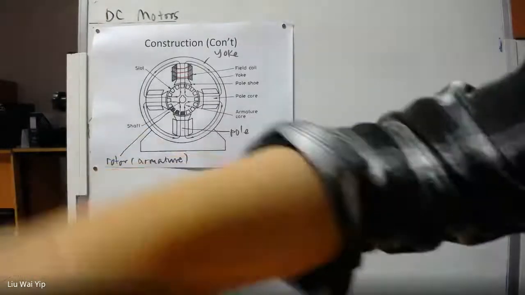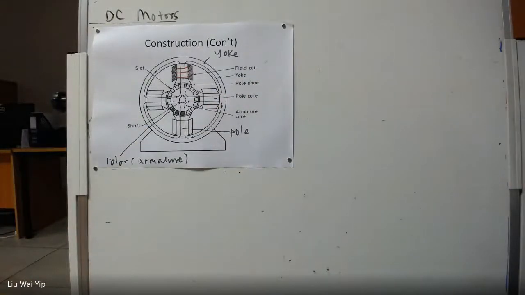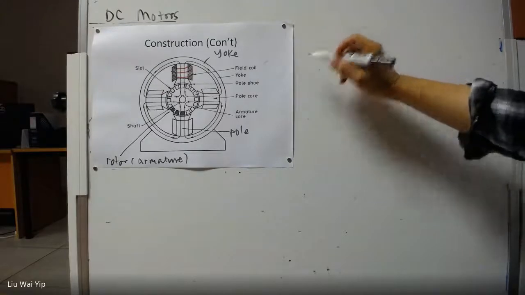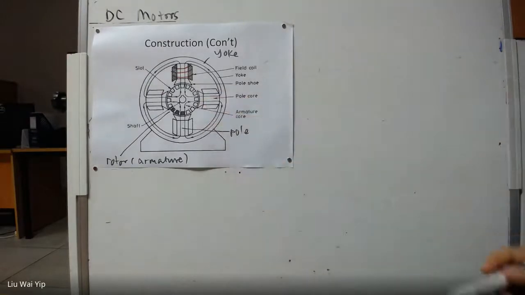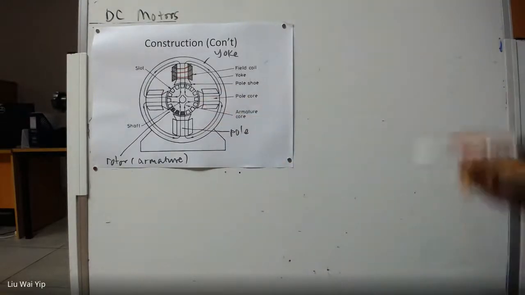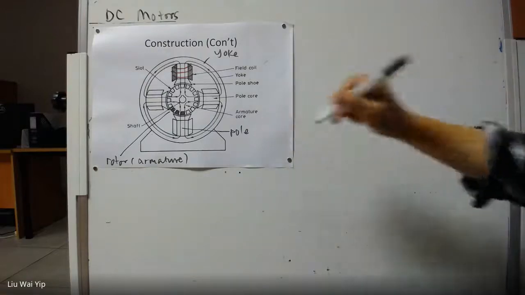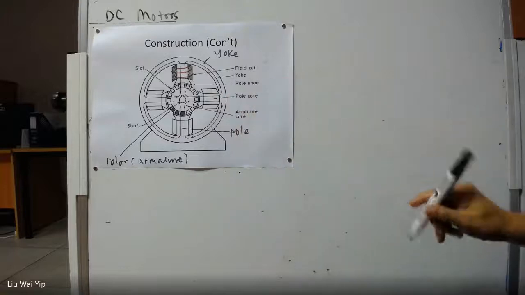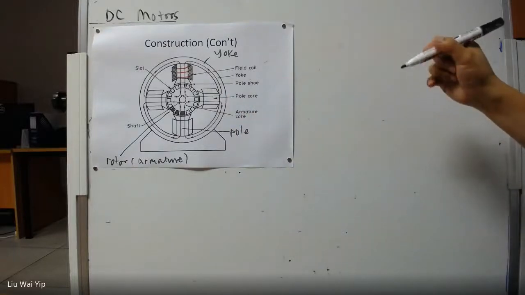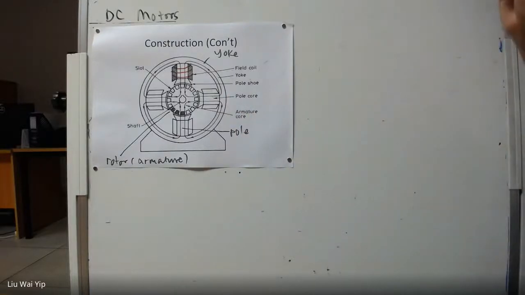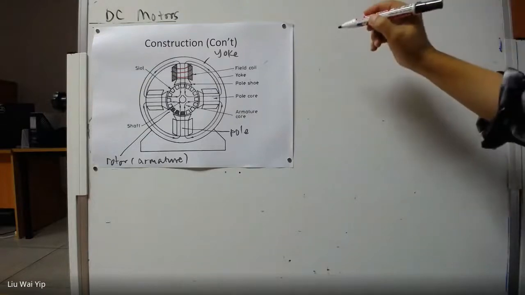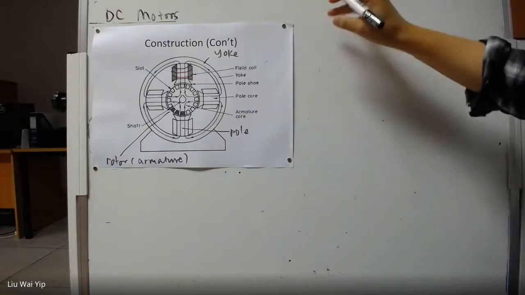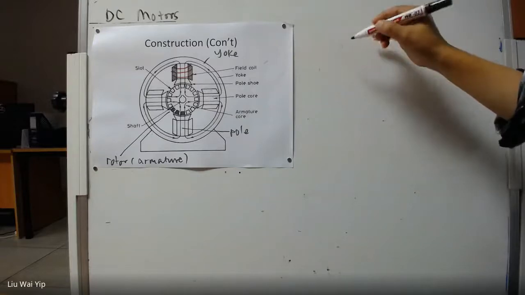Suppose we are going to derive an equation for the back EMF. So the back EMF is the EMF of the armature. Then what we need to do is make use of Faraday's law.